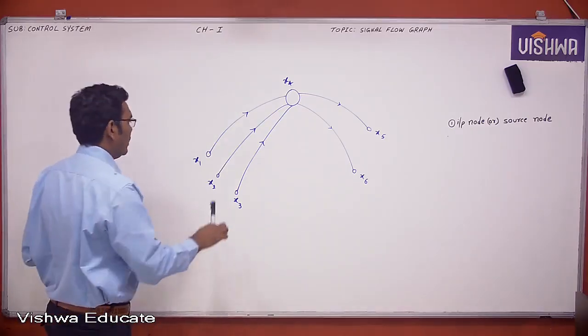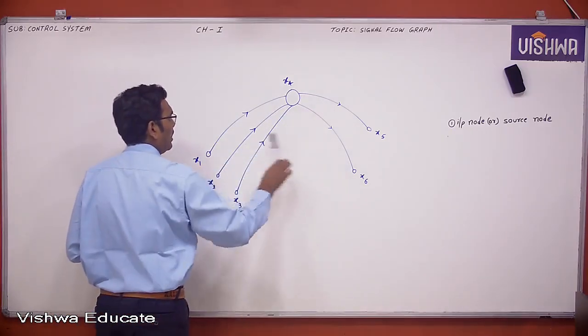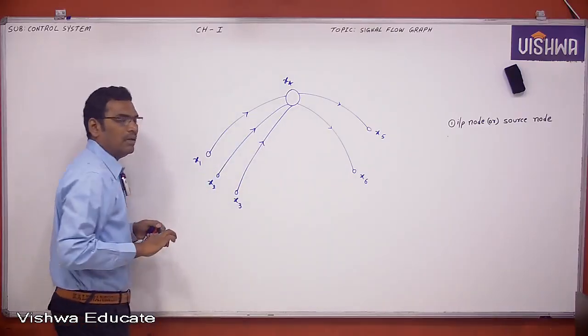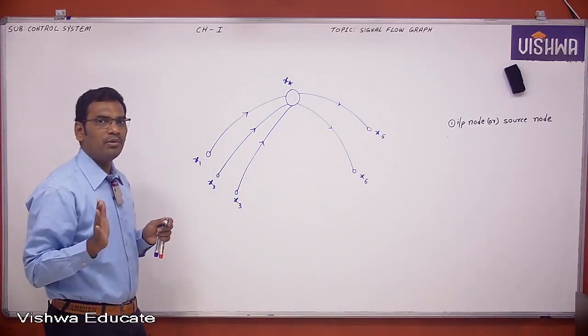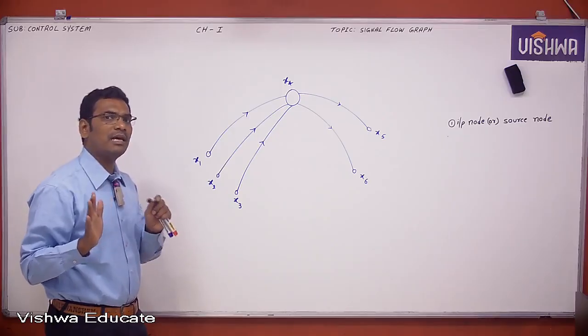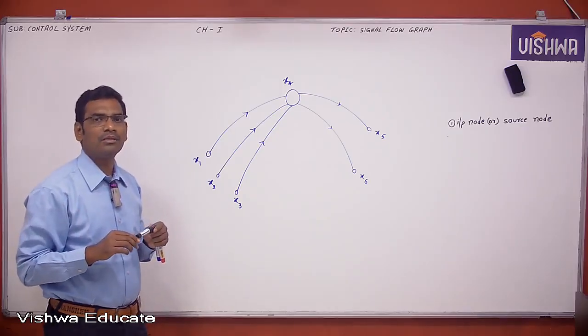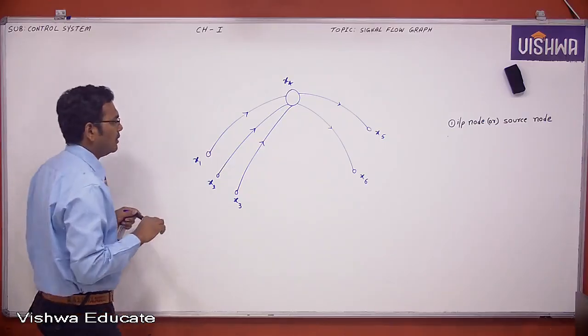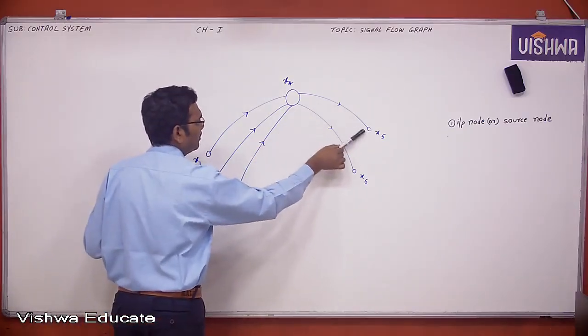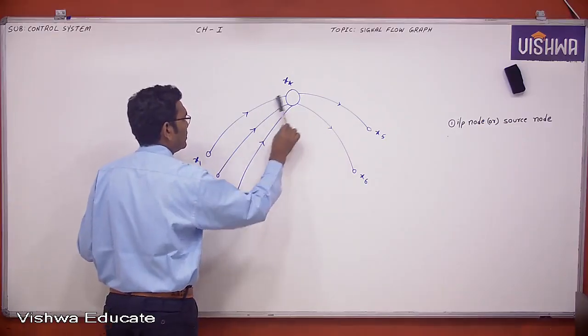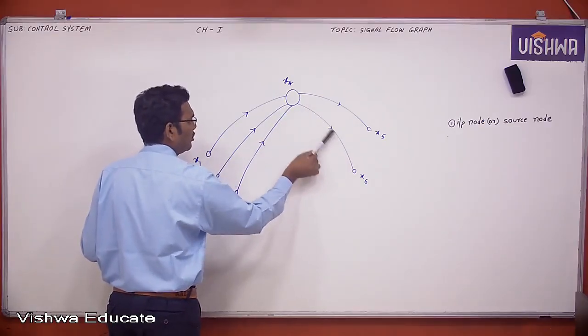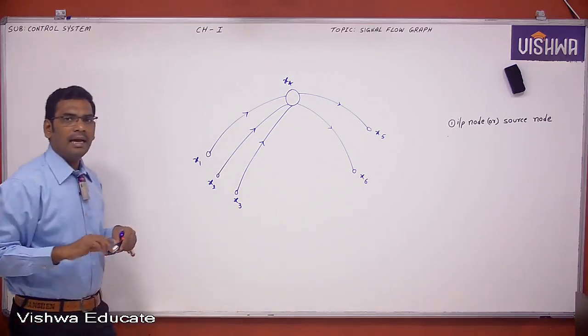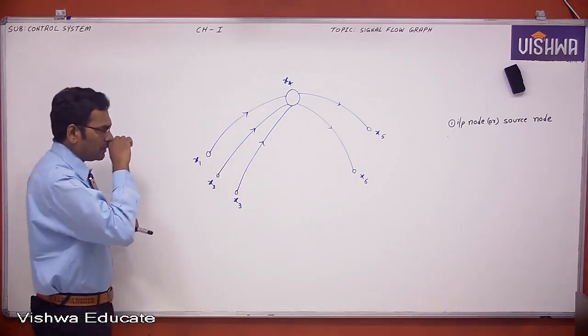Now see here, these are the nodes and these are the branches, but which are the input nodes? The nodes which have only outgoing branches come under the category of input nodes. This one has incoming branches, this is outgoing, and this is also outgoing. But I am saying only outgoing branches.